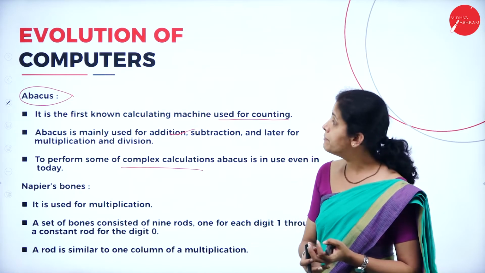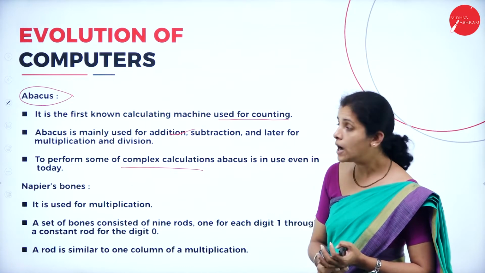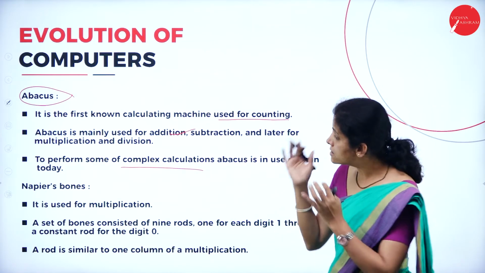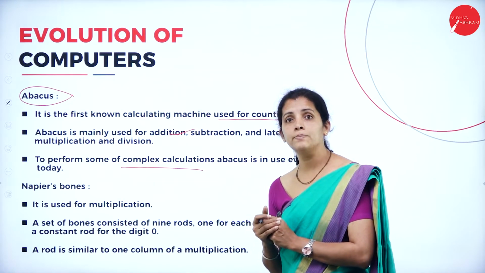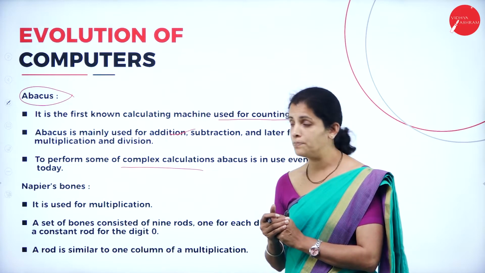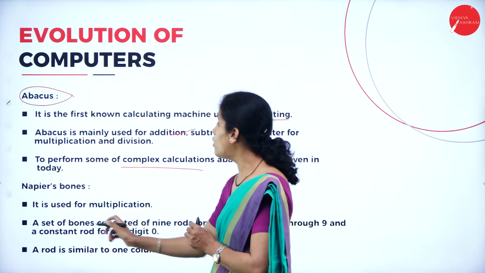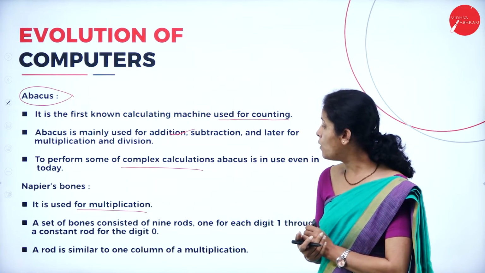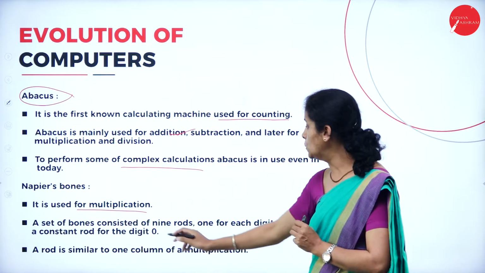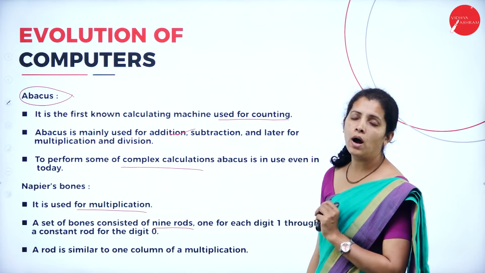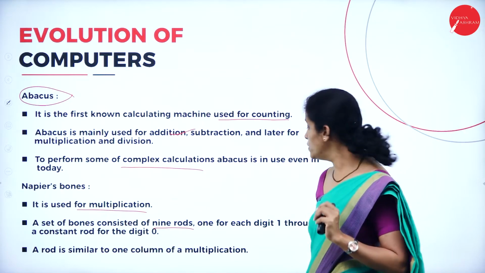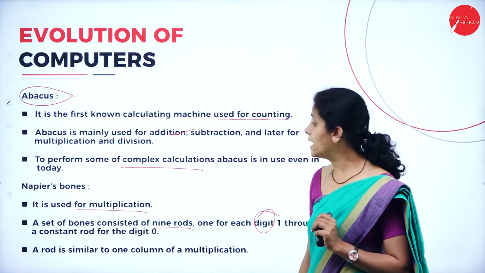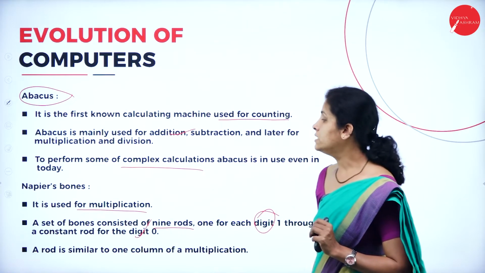So dear student, if I consider the evolution of computers, I have Napier's bones. As the name itself indicates, it is made up of bones. It is used for multiplication, and it includes 9 rods, and each rod is used to represent the digits 1 to 9, and the digit 0.